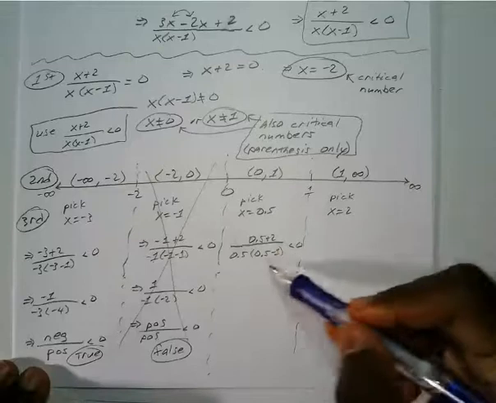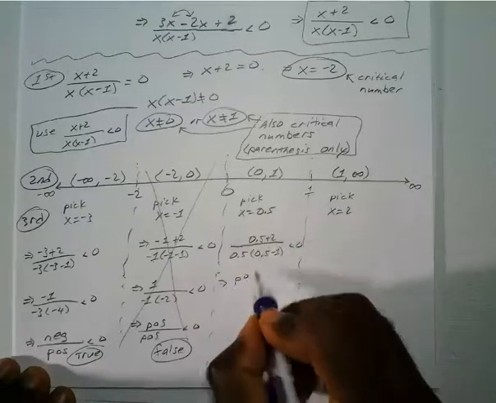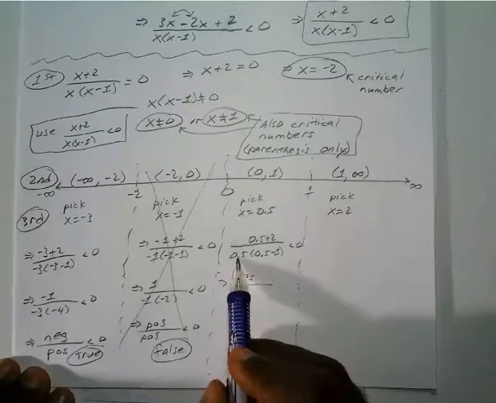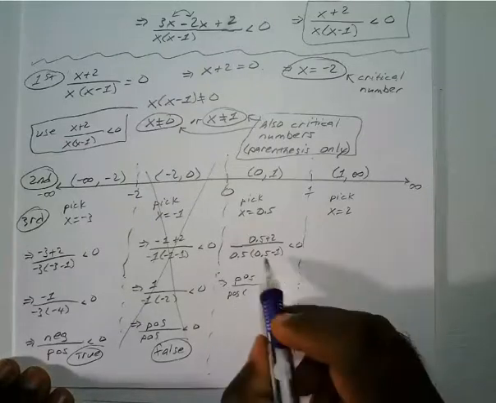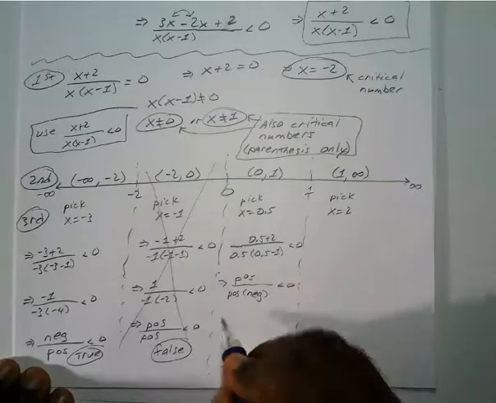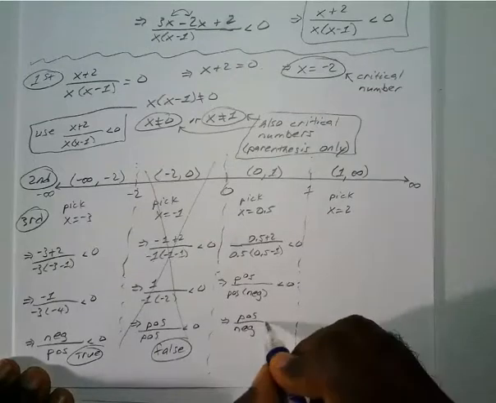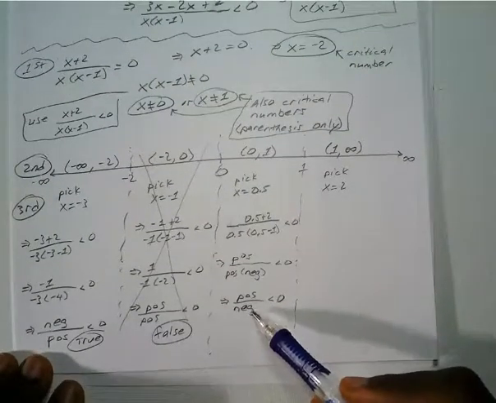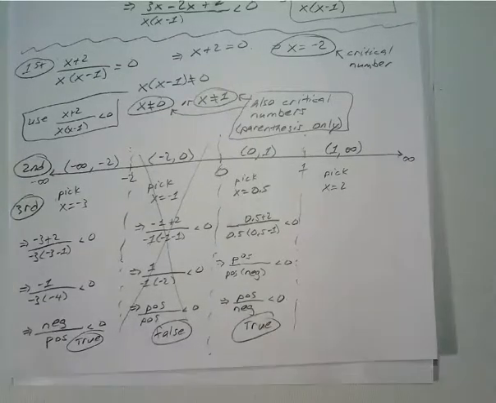If you don't feel like doing all the decimal numbers, 0.5 plus 2 is positive over a positive number times 0.5 minus 1, which is a negative number, is less than 0. Positive divided by negative is negative, so a negative number being less than 0 is true.